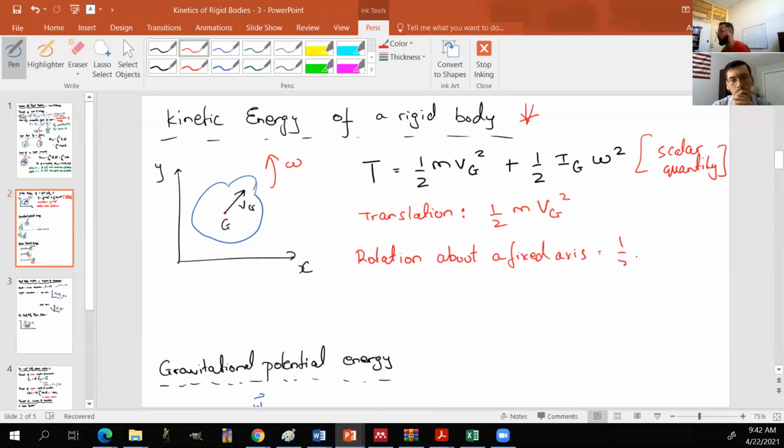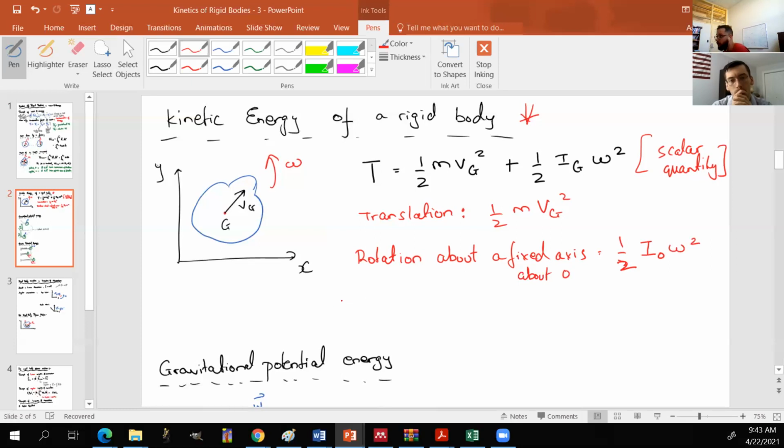You can just find the moment of inertia. So this is a fixed axis, let's say about point O. Whatever the moment of inertia about the axis passing through that point is, times omega squared.